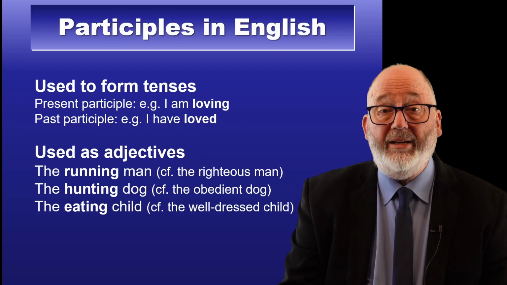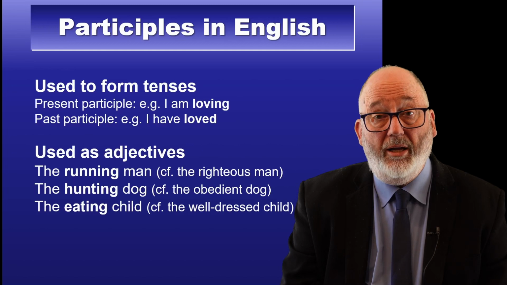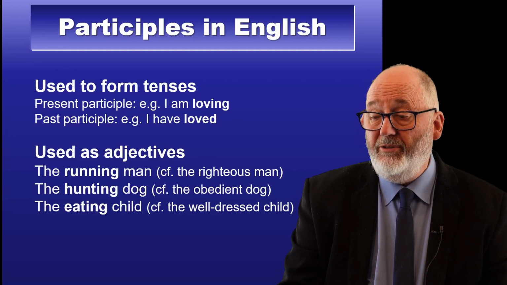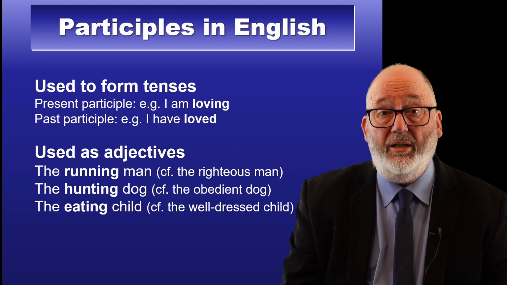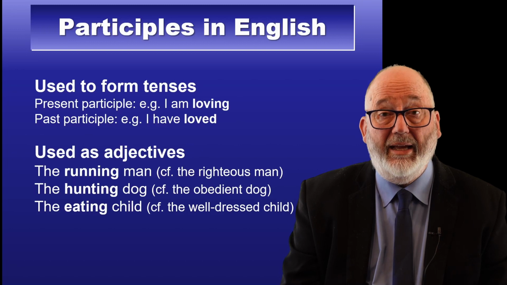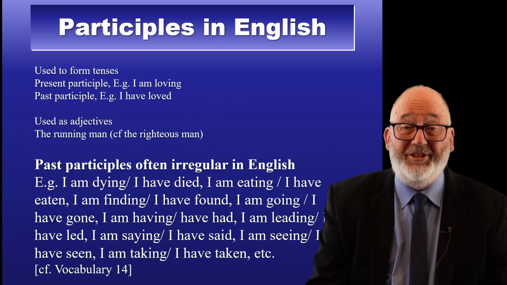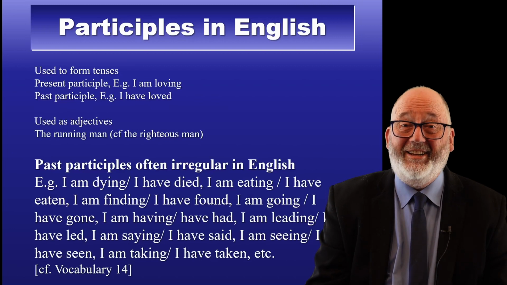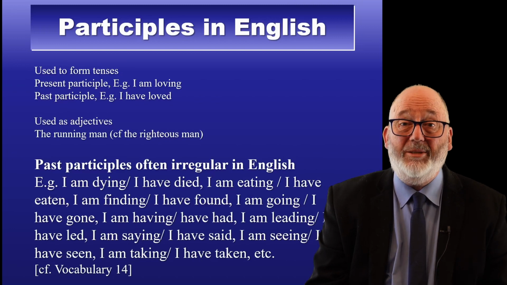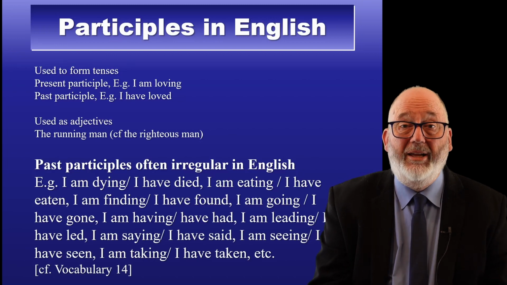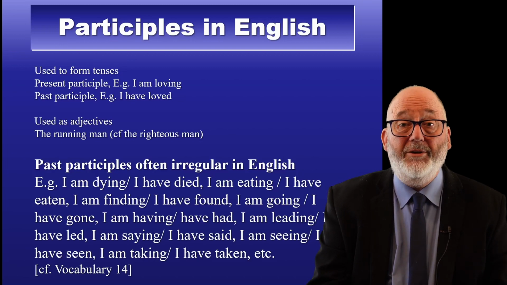We can talk about a well-dressed child, well-dressed being an adjective, or we can talk about an eating child, the present participle eating being used just like an adjective. I might mention in passing that if you were learning English as a second language, while the present participles are usually formed by adding ing to the verb, past participles can be irregular.